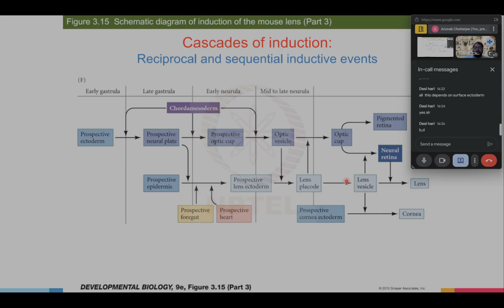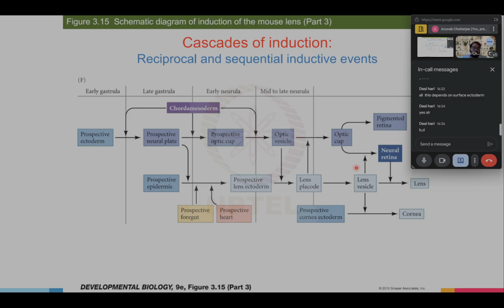So essentially, instead of one cell layer always inducing the other, it is always a give and take scenario. But it occurs in a sequential manner. It couldn't be that the lens placode formed first and induced the optic vesicle. It always goes in a sequential manner. So the optic vesicle throws the ball to the lens ectoderm, the lens placode throws it back.